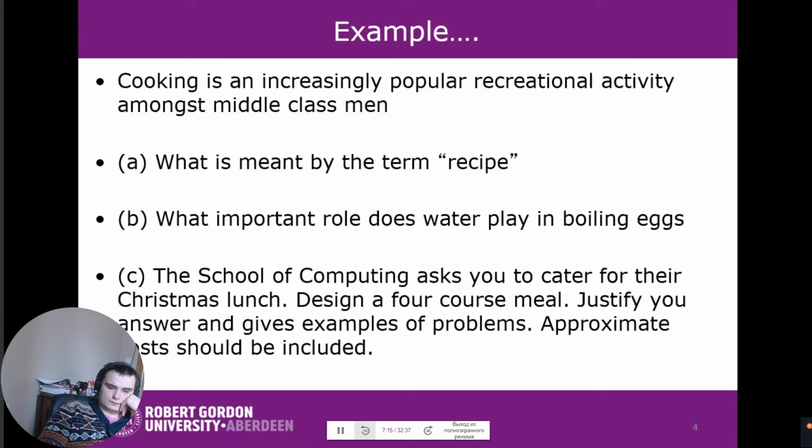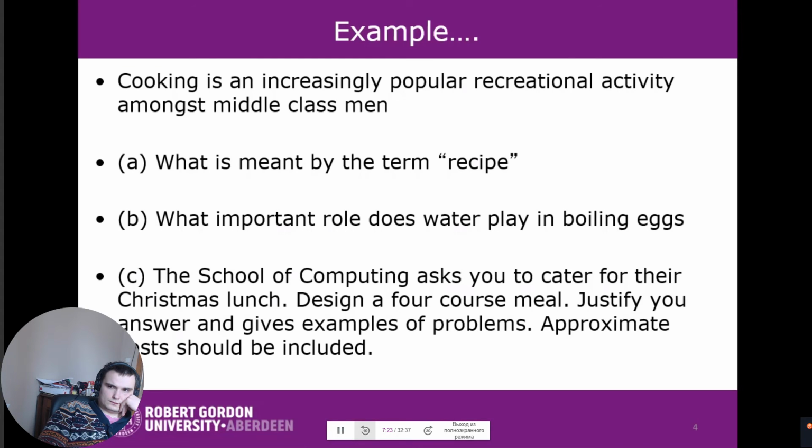It allows you to show that you have understood what problems you might encounter in cooking things, such as timing and getting all the timings right, and so on. And it shows that you can cost things out. So this actually is the kind of synthesis, and it's an unseen problem.